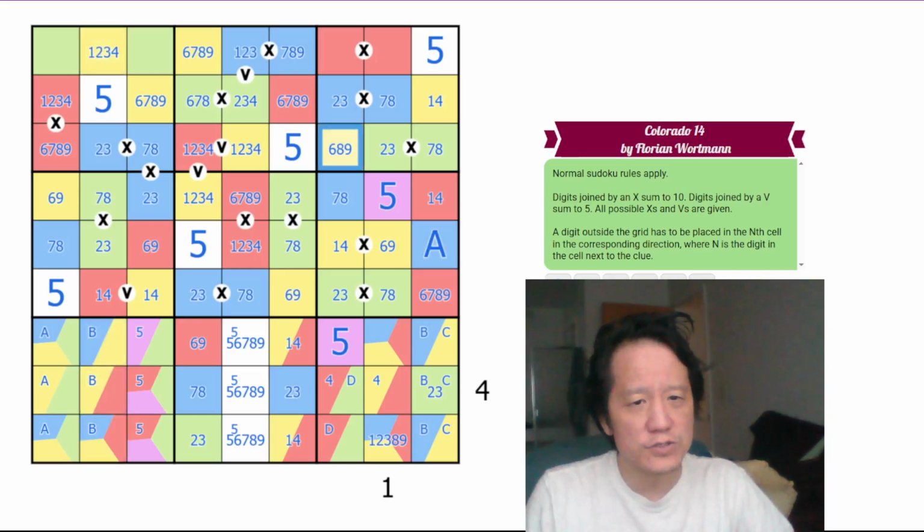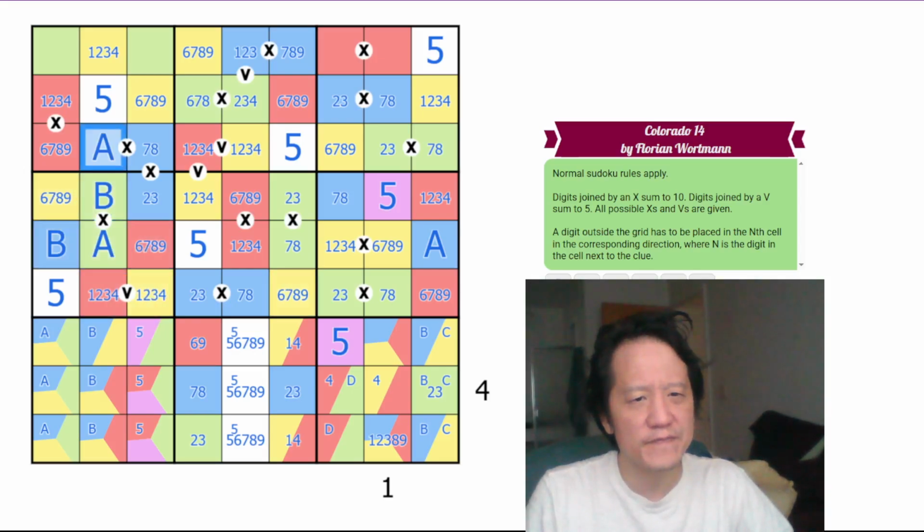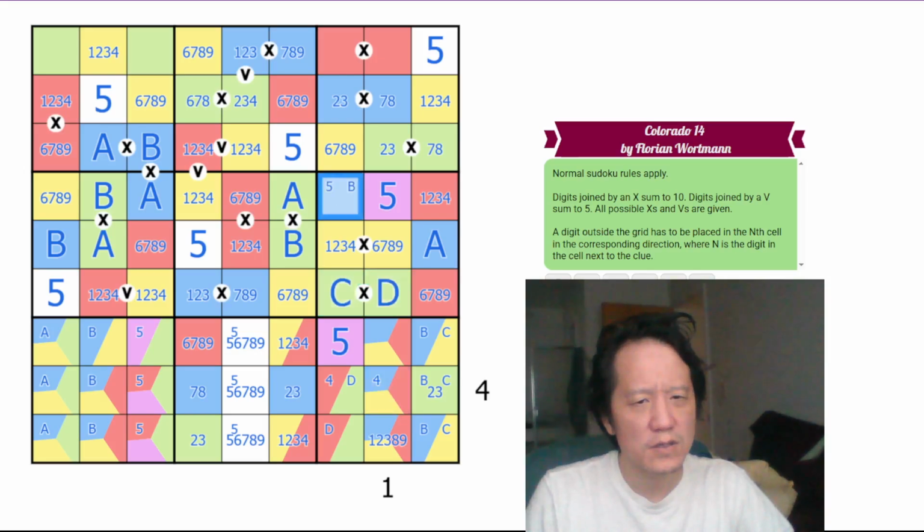Oh, that's interesting that I didn't think about. What are the colors for column 5? That's interesting. Well, it's not that interesting thinking about it.